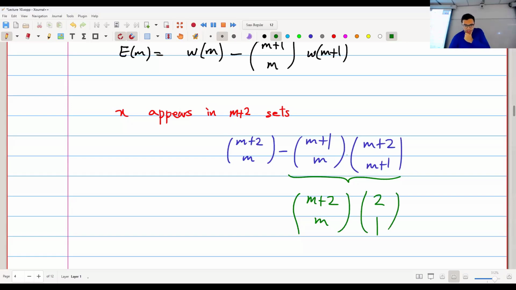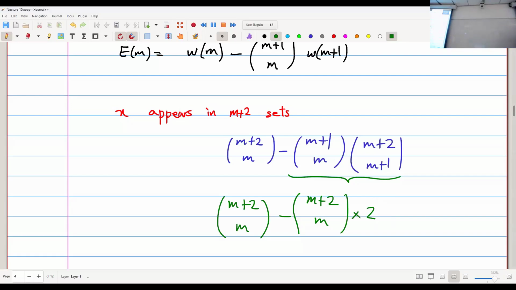Right? And 2 choose 1 is just 2. So 2. And here I had m plus 2 choose m. So interesting. The number of times that I've counted x on the right-hand side is m plus 2 choose m minus twice the same number.